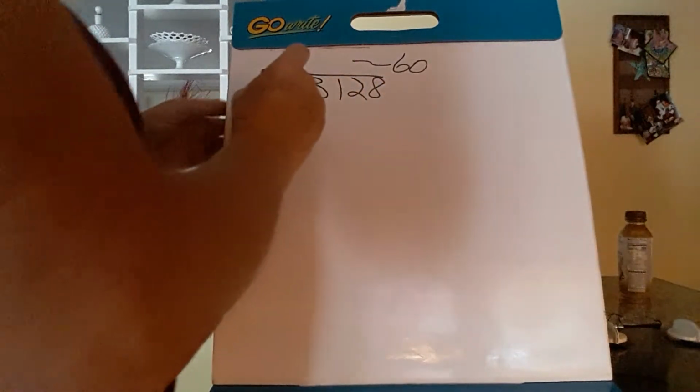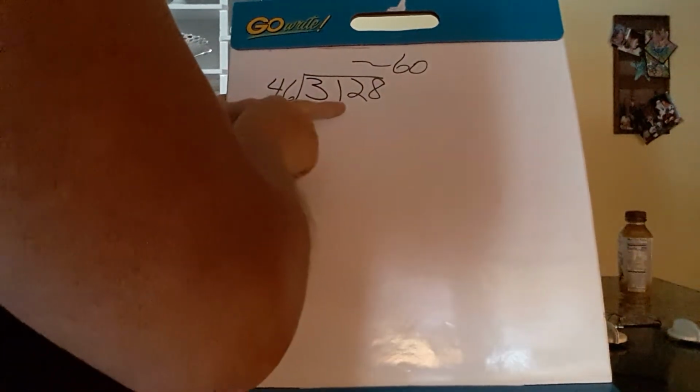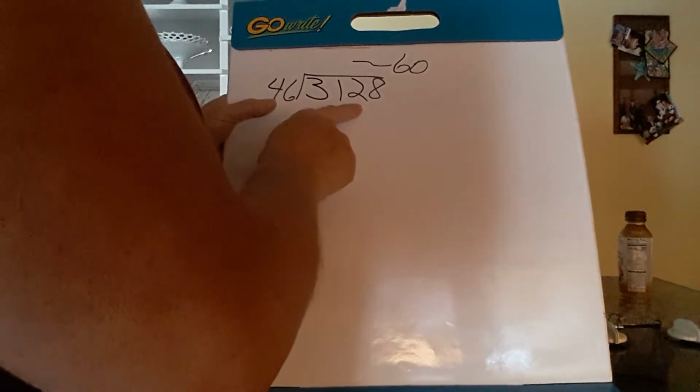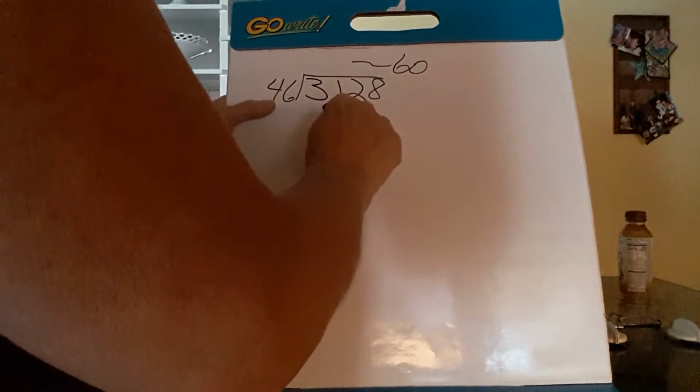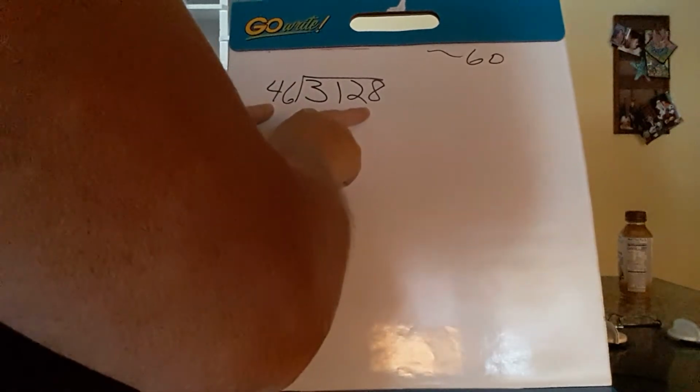So we want to know how many, first of all, 46 does not go into 31, does it? No, so we need to know how many 46s will go into 312. So we again estimate it and round it to 50 goes into 300 how many times?